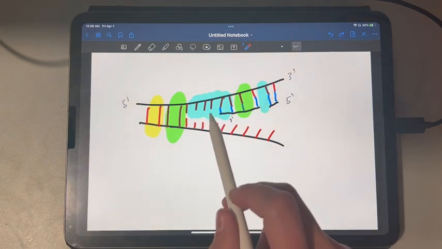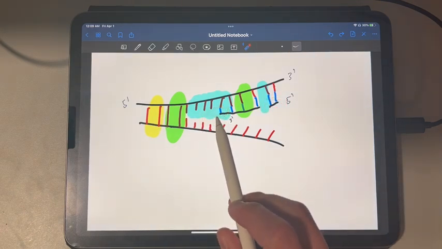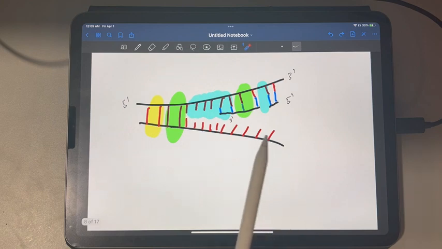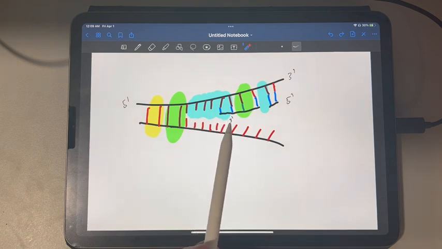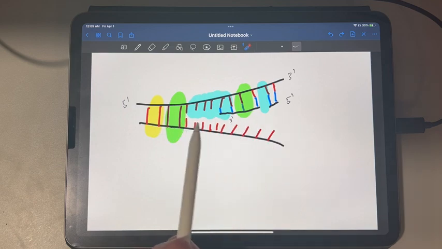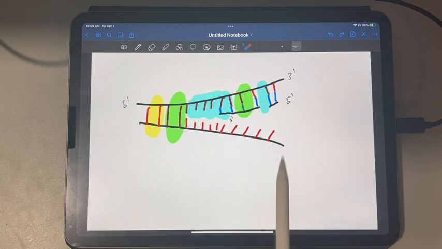So this big one right here is DNA polymerase 3, and this one is DNA polymerase 1. They're not to scale. But DNA polymerase 3 is the main one that works and adds the nucleotides. And DNA polymerase 1 is what replaces the RNA primers after exonuclease has removed them.